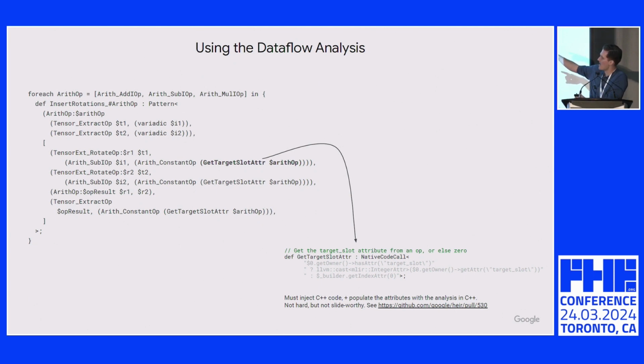Well, you say I have an arithmetic operation. I'm seeing what does that need to be aligned to? What's the target slot for that? Then instead of extracting at a particular index, I'm going to rotate so that it's pre-aligned with that target slot. There's this get target slot attribute helper function that extracts that information. And then I just do my replacement sort of as normal.